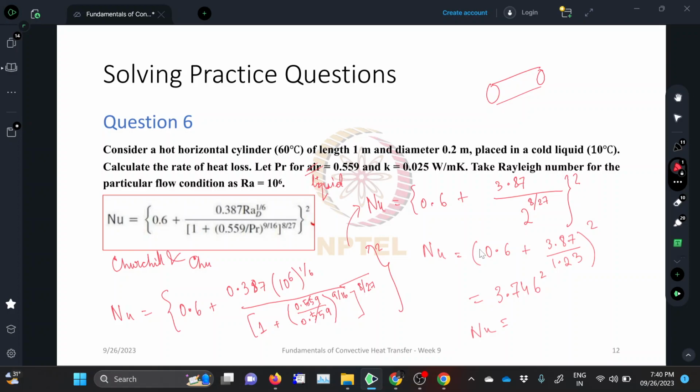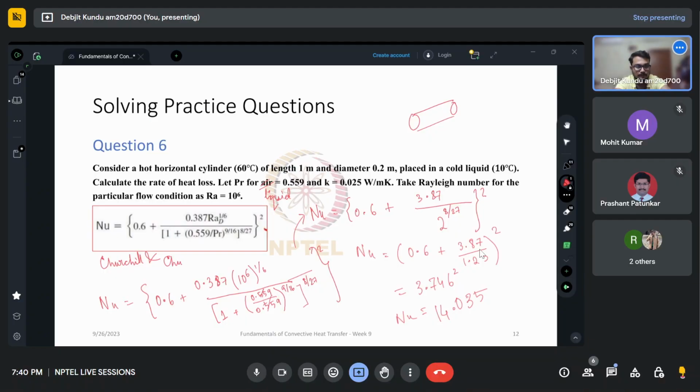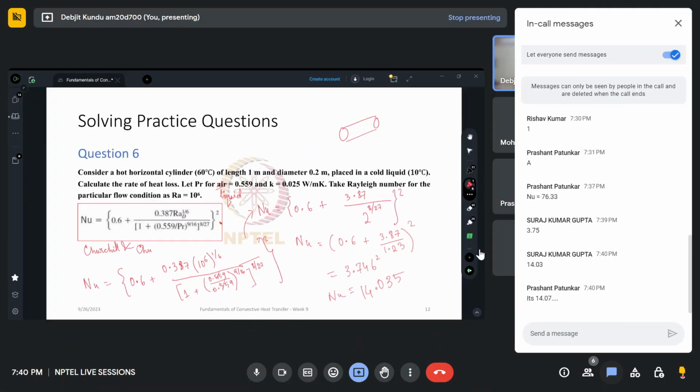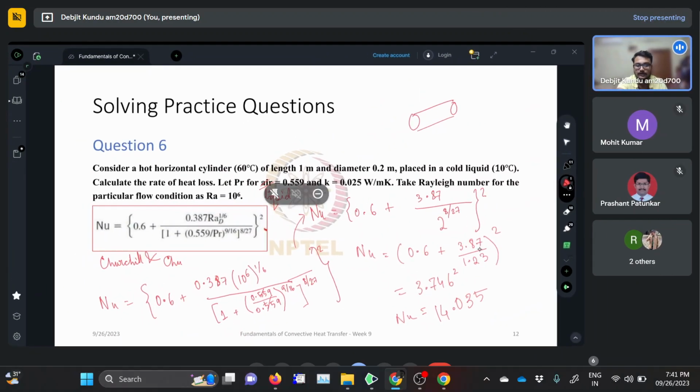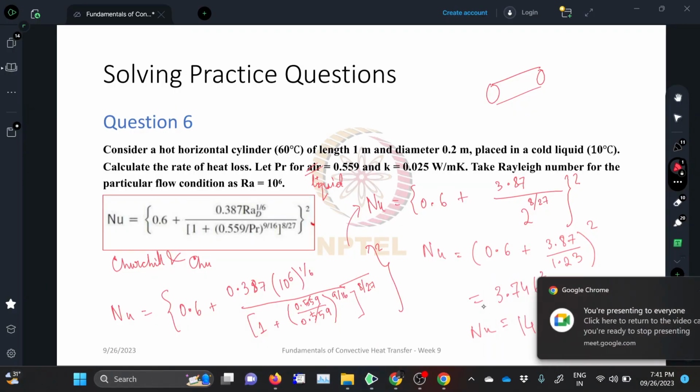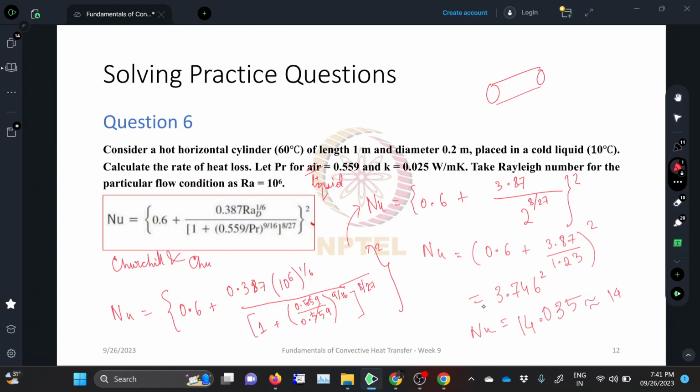If we square this, then it becomes 14 point something. Yeah, 14.035. That's what someone told in the chat box, I guess. Yeah, 14 point something. So we will take this to be 14 itself, for our ease of doing things.